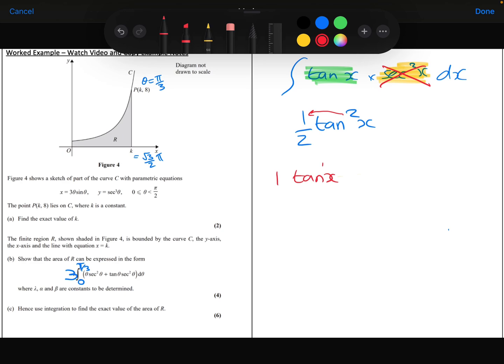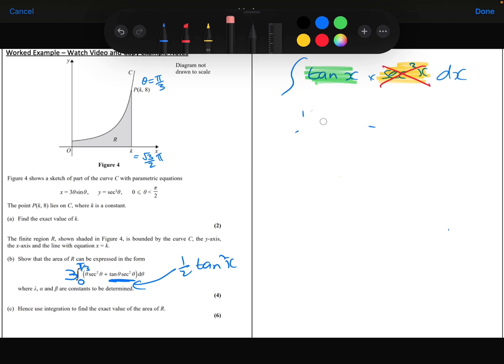And then I would have to multiply this by the derivative of the inside. The derivative of tan is sec squared. So we can see that when I differentiate this, I get this. Therefore, when I integrate the tan x sec squared x, I get a half tan squared. So we know the answer to this part already.